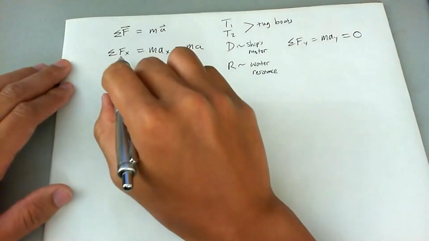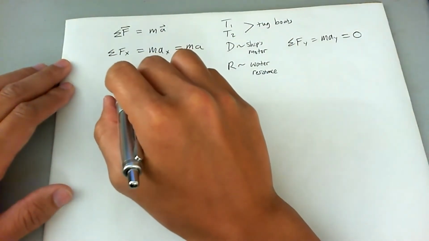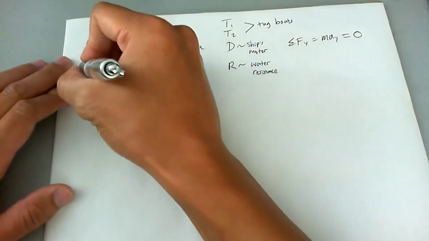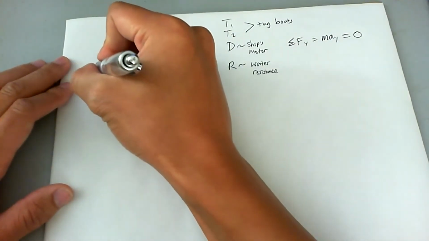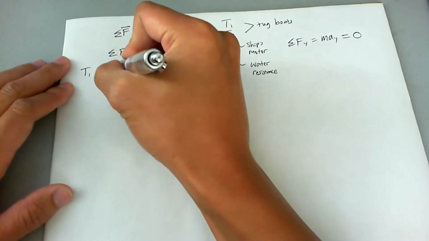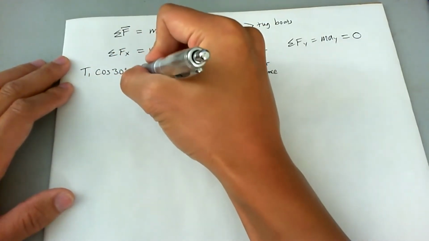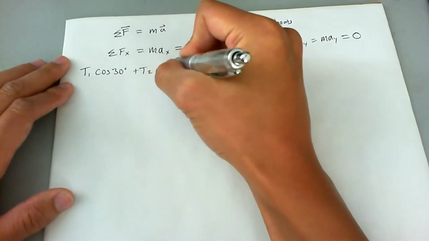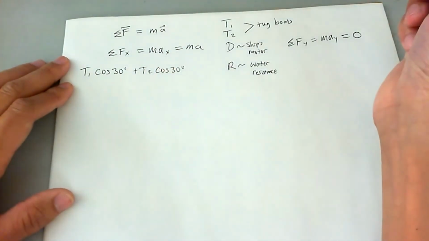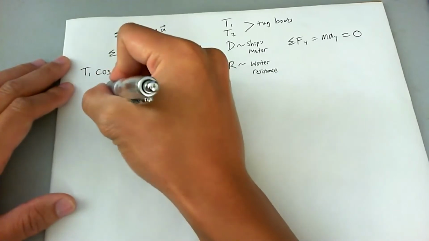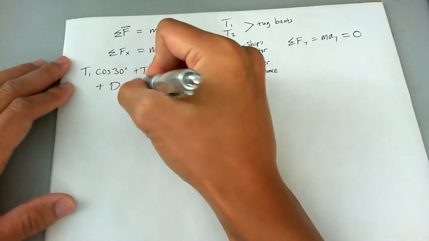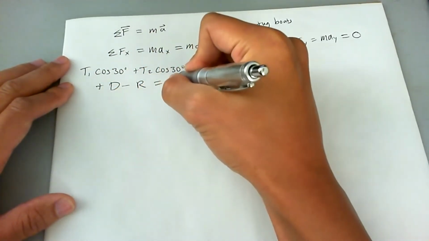Let's go ahead and list them all as their X components are dictated. So we have tugboat 1 cosine of 30 degrees, in the positive direction, plus tugboat 2 cosine of 30 degrees, positive direction, plus D minus R is equal to MA.